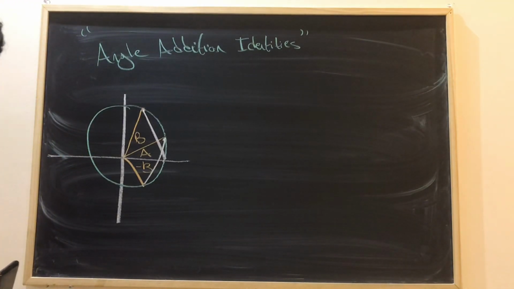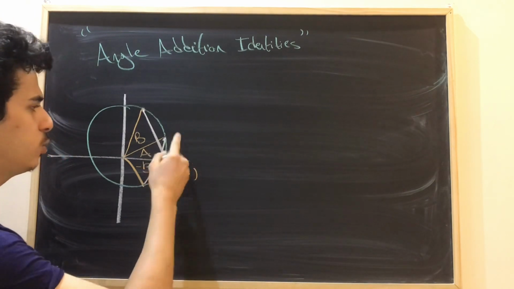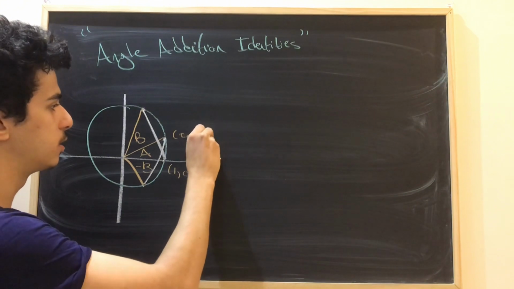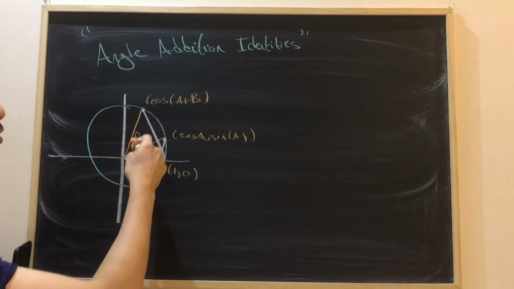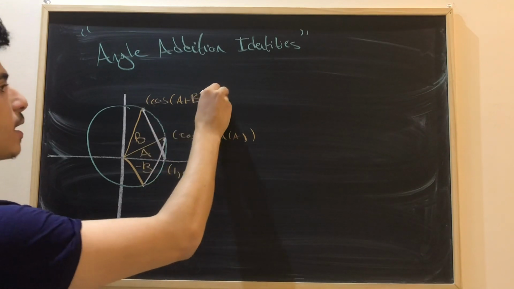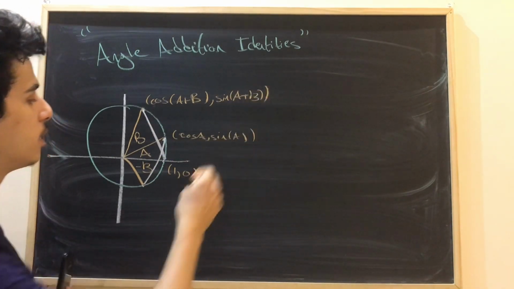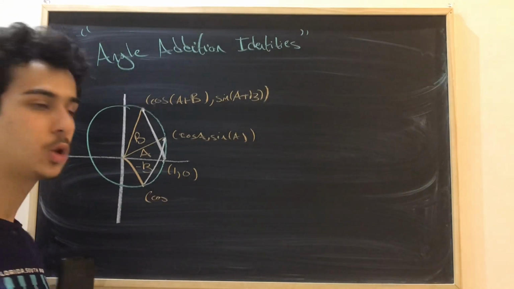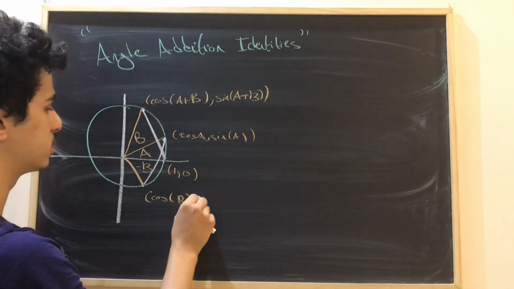Let's get some coordinates down. Here we have 1, 0. Here we have the cosine of A and the sine of A. Here we have the cosine of A plus B and the sine of A plus B. And here we have the cosine of negative B, but cosine of a negative argument is just cosine of that positive argument.